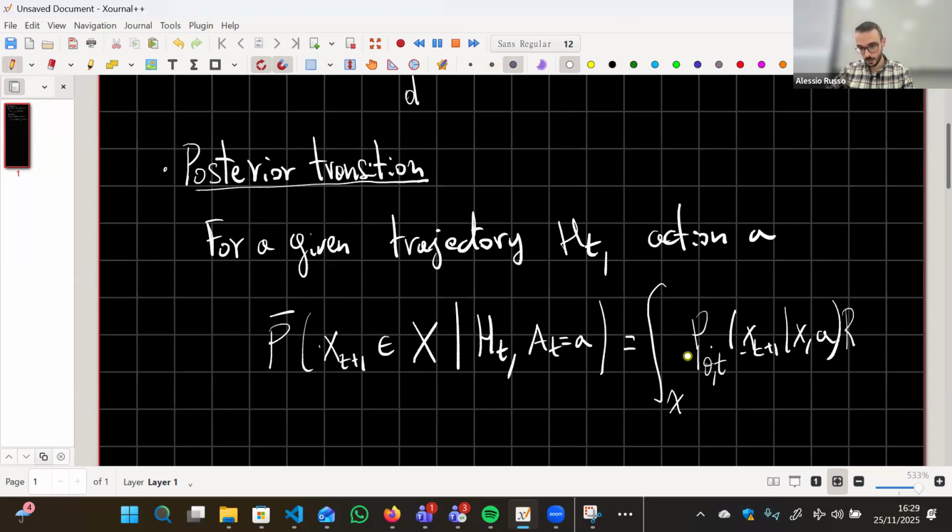So it's simply going to be the integral over the next observation of the transition function for a fixed theta, averaged over the posterior distribution of the models. So this is the posterior distribution over theta given a trajectory ht, and this is simply the transition function for a fixed theta.